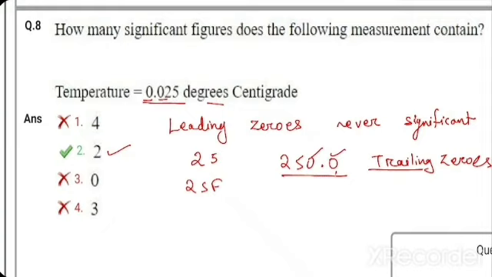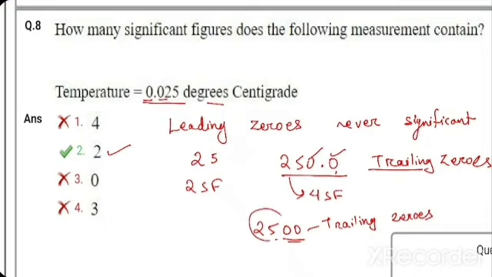So in this case 4 significant figures are there. But if we write simply 2500, then these are also trailing zeros, but there is no decimal point. That's why only 2 significant figures are there.